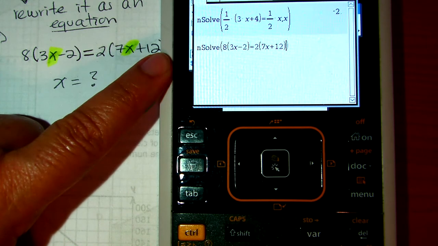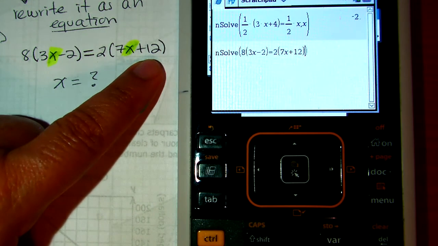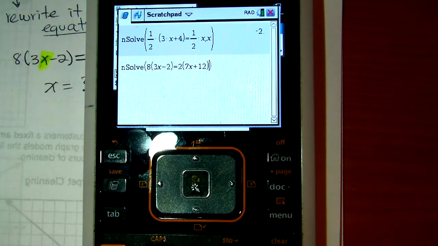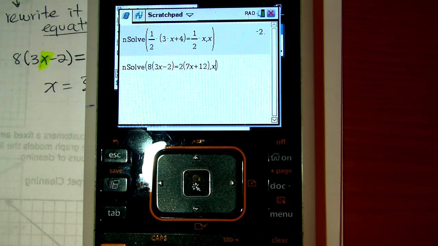Close the parentheses. There we have it. And then we close this parentheses, and here's where we put the comma x. So comma x. And we press enter.